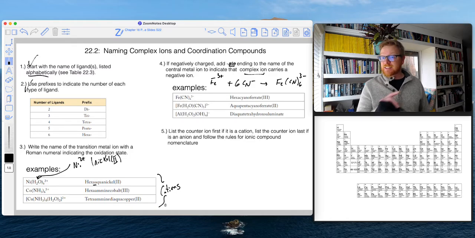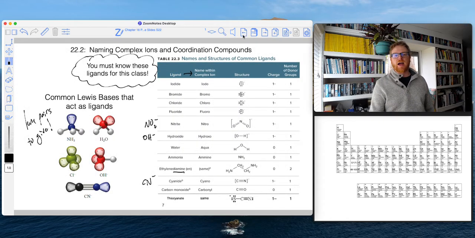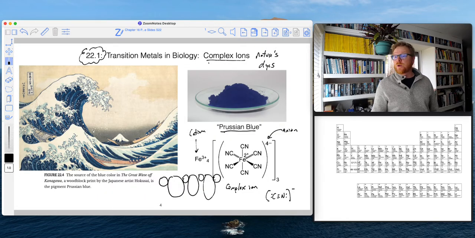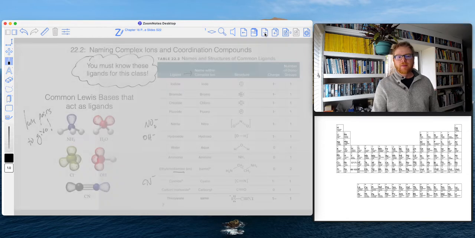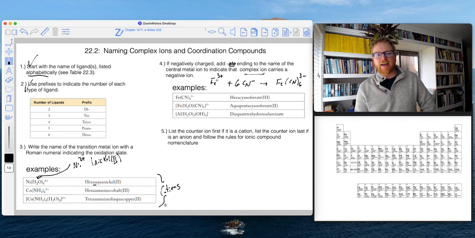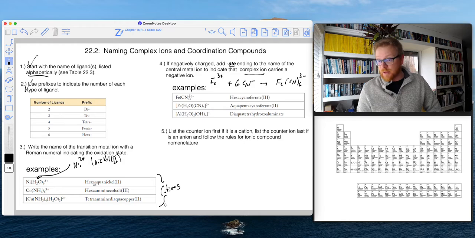Okay, so that is slightly different than that Prussian blue compound I showed you, right? That had an iron 2 central metal, and as a result is -4 charge. This complex ion, on the other hand, we recognize has an iron 3, even though it doesn't say that it's iron 3 plus in here.